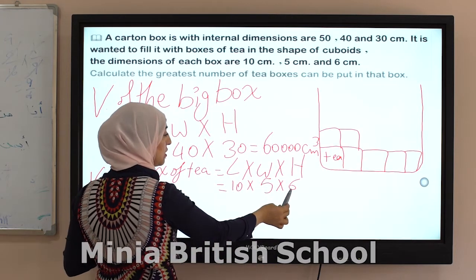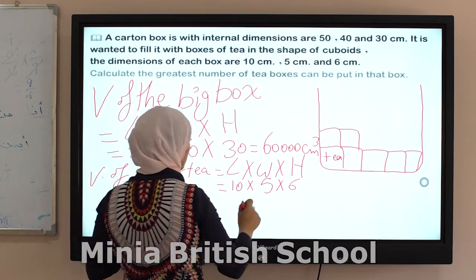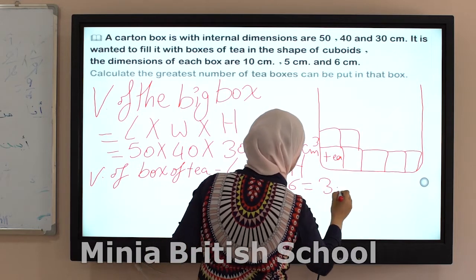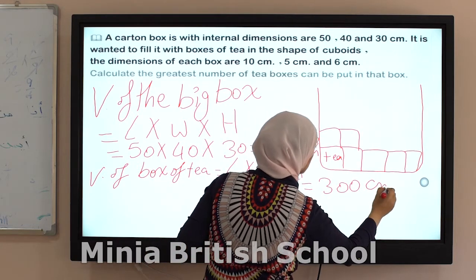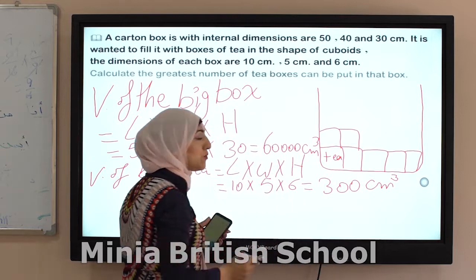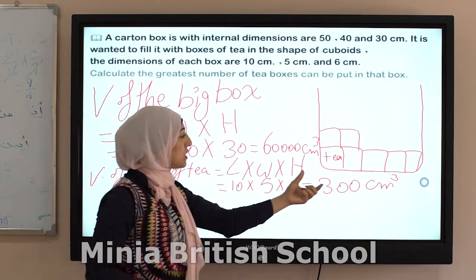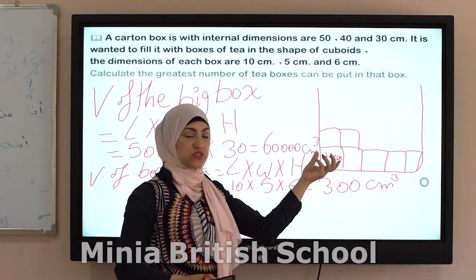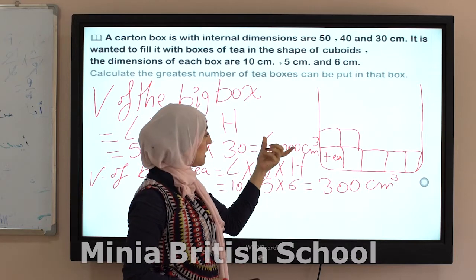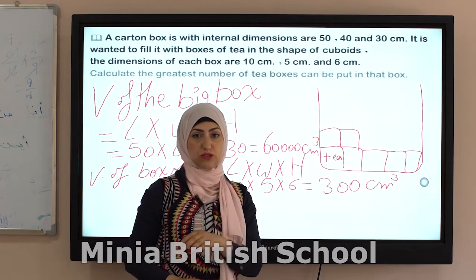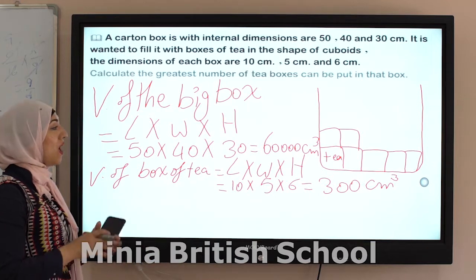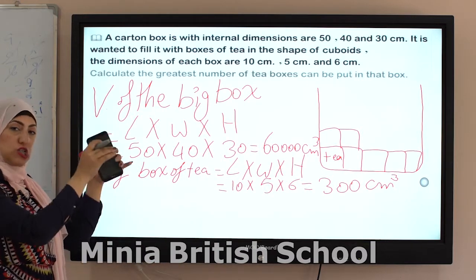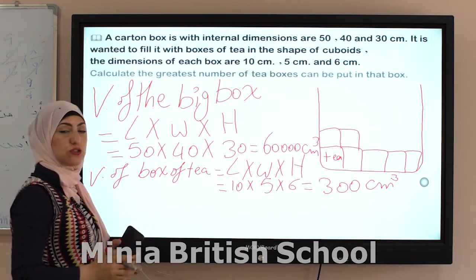Here 5 times 6 equals 30 times 10 equals 300 cubic centimeter. Now I get the volume of the box of tea, then I get the volume of the big carton. I want to know how many boxes can I put inside the big carton.